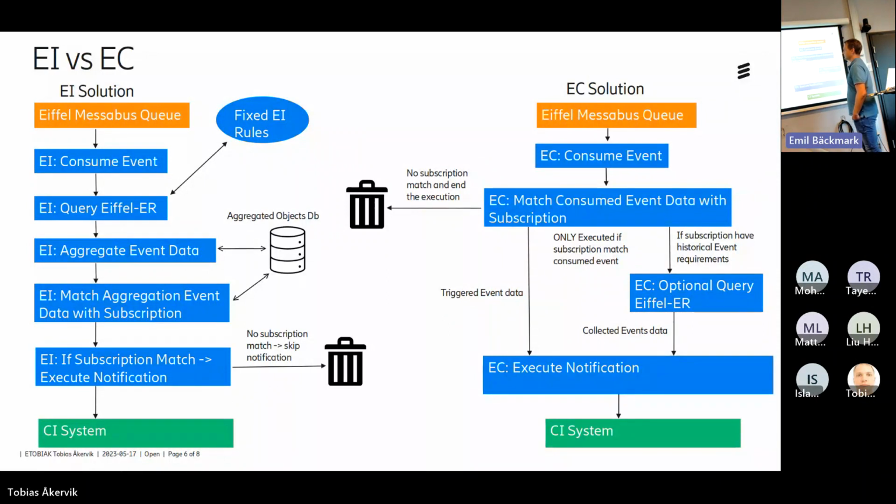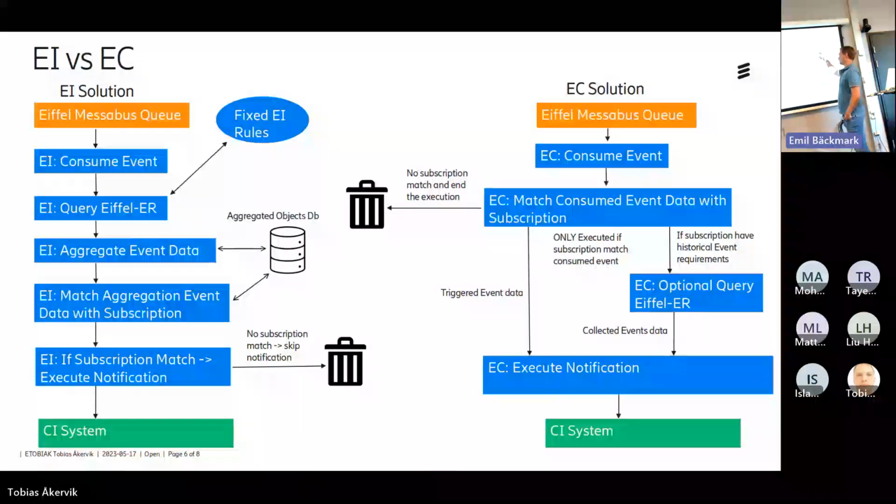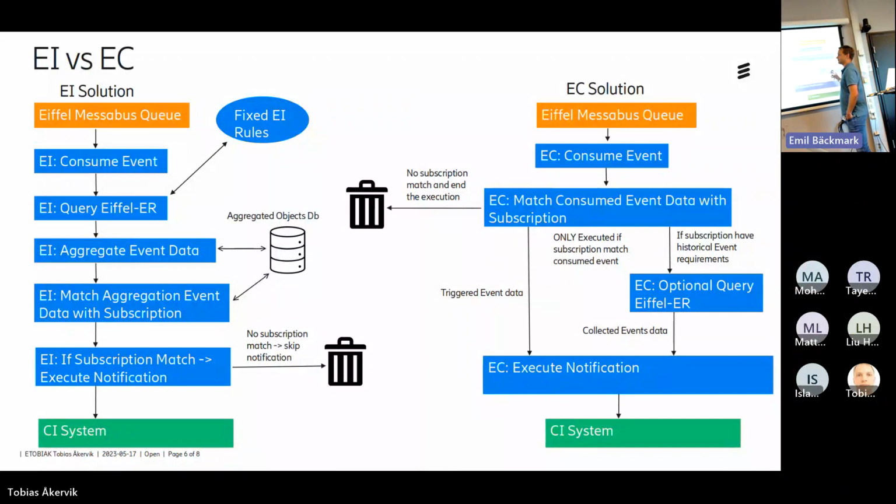To give an example, if you have 1,000 CLM events and only 10 match, in this situation we will only query ER for 10 events, and 990 will be skipped here. And we do notification for all those that go through.